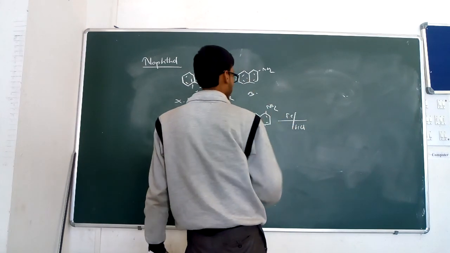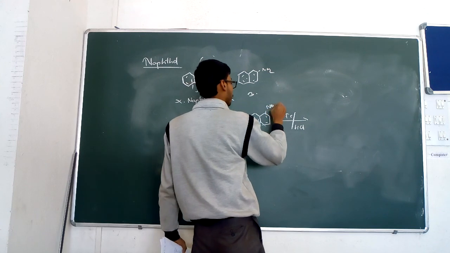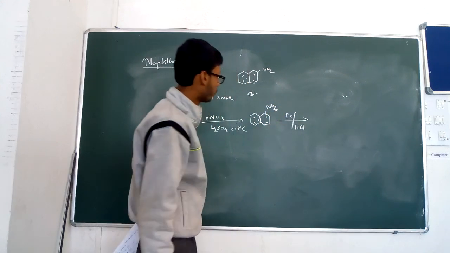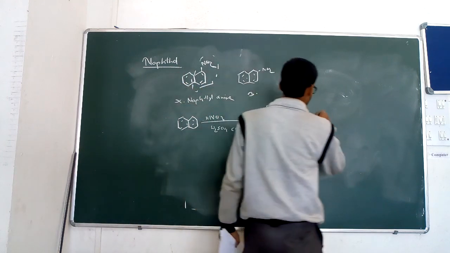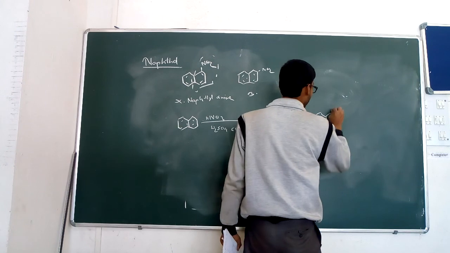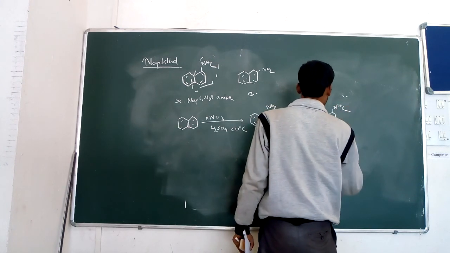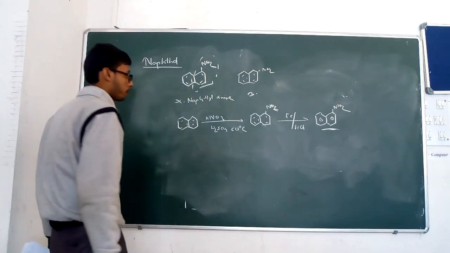Iron is used here as a catalyst, and the nitro group is reduced to the amine group, the aromatic primary amine, NO2 is reduced to NH2, and that is alpha naphthylamine.